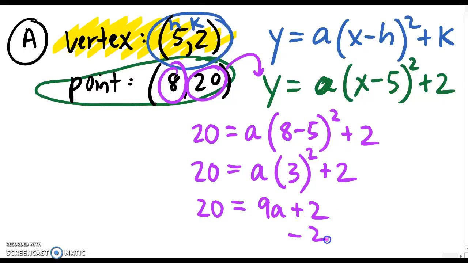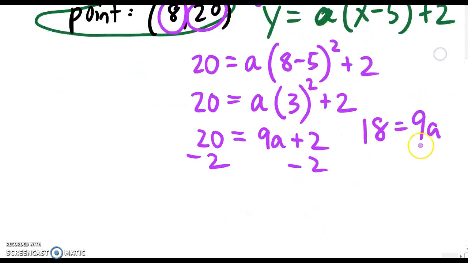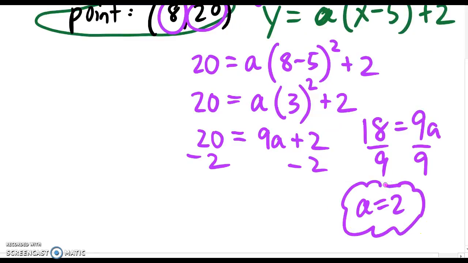Subtracting 2 from both sides gives me 18 equals 9a. You can probably get it from here: divide by 9, and a equals 2. So that tells us what our a term is.